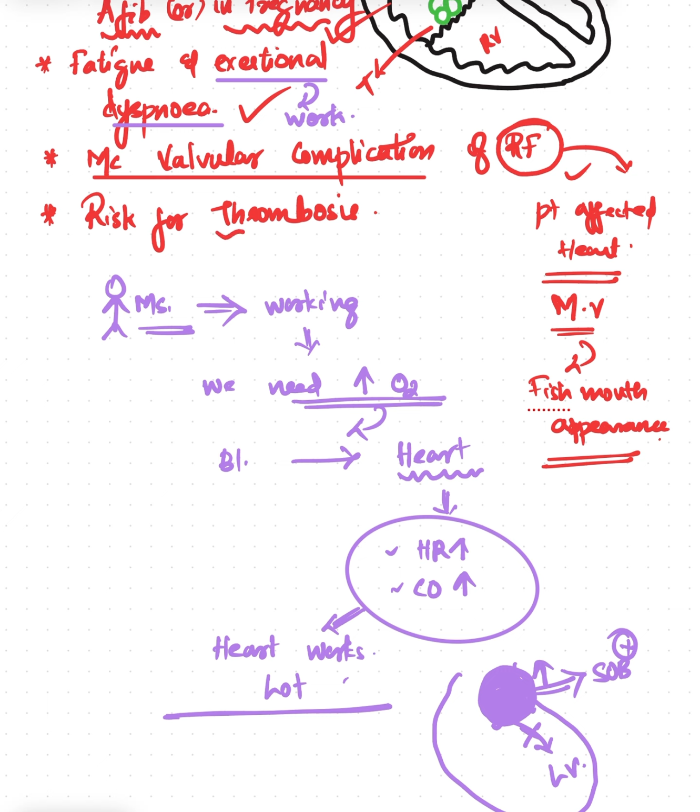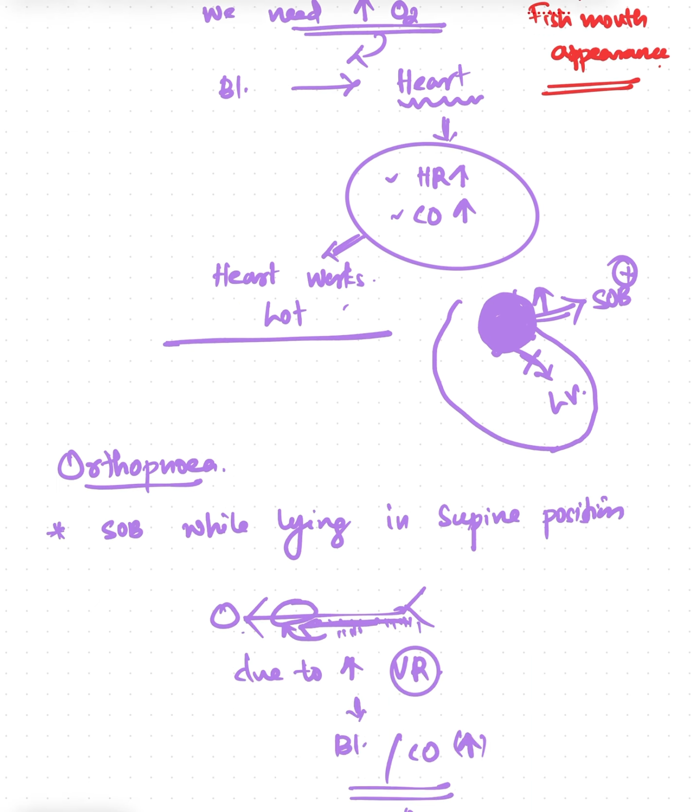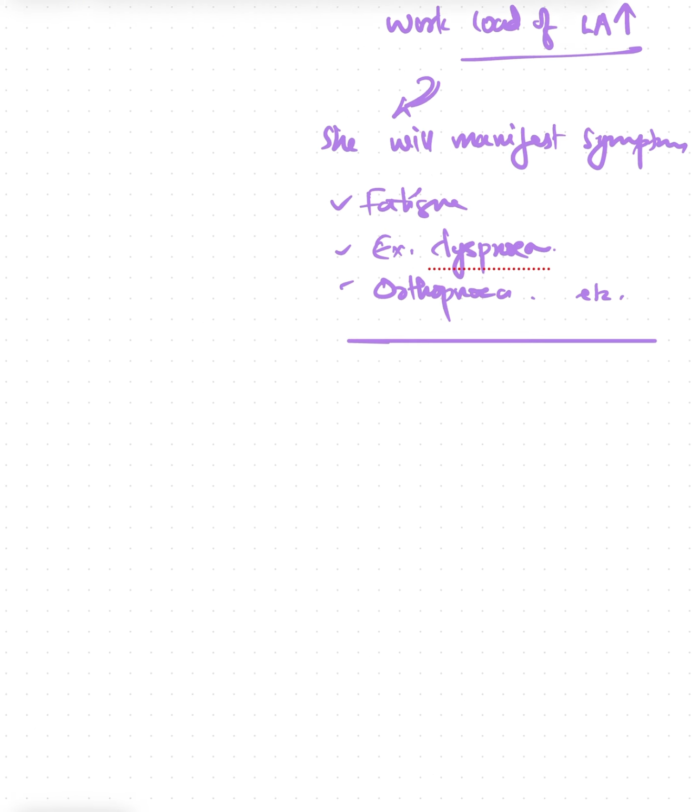So next is risk of thrombosis. To explain the risk of thrombosis, it's really easy. Remember, wherever blood stasis occurs, the movement stops. Blood is continuously moving in our body, right? It is not stopping anywhere.